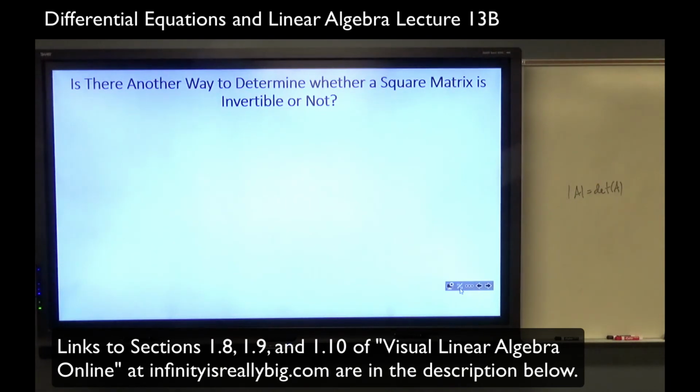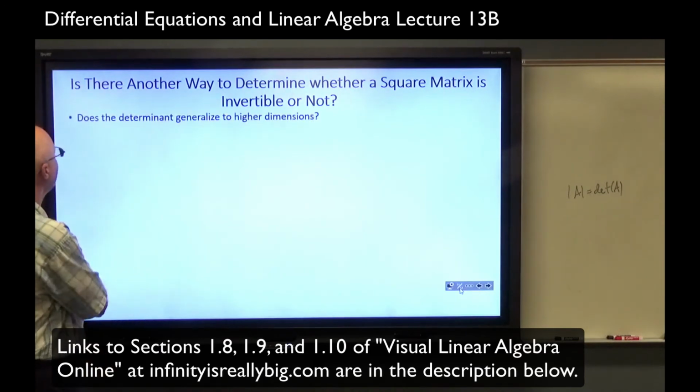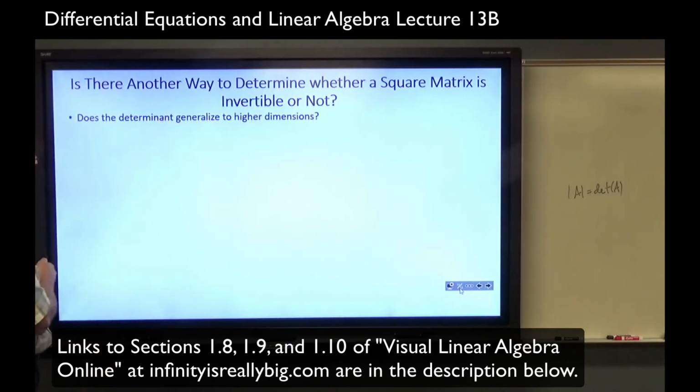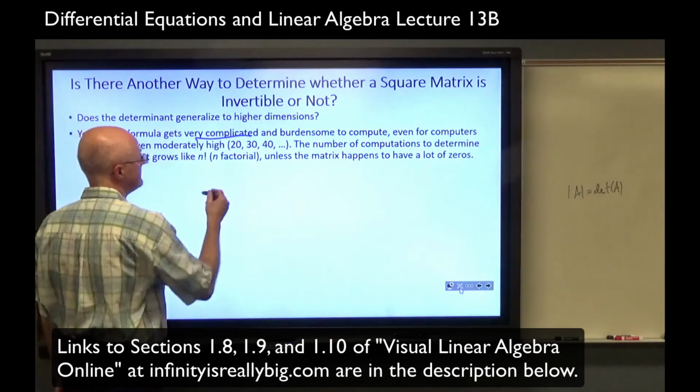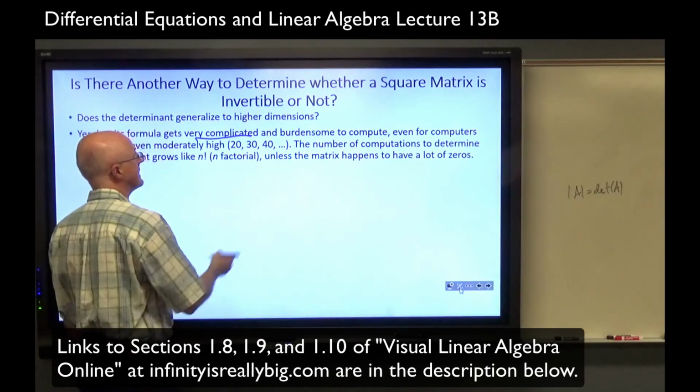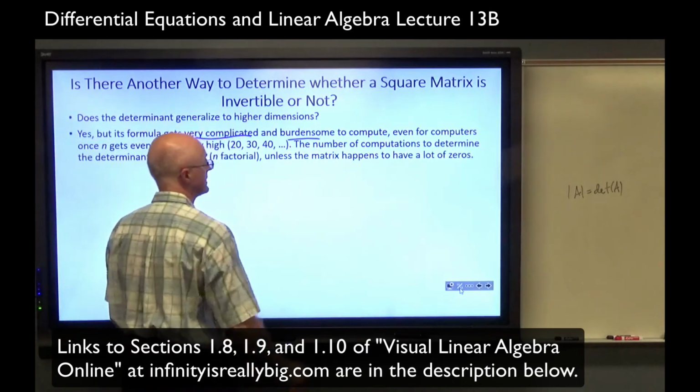Two more slides. Is there another way to determine whether a matrix is invertible in higher dimensions? Does it generalize to higher dimensions? Yes. But the formula gets very complicated and burdensome to compute, even for computers.